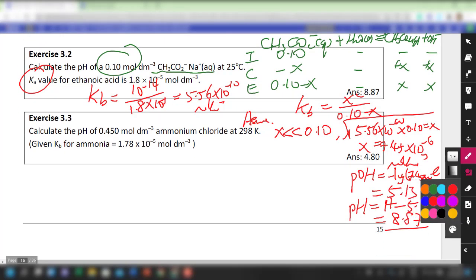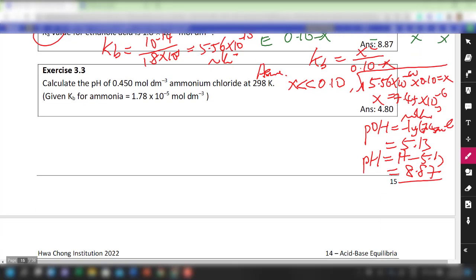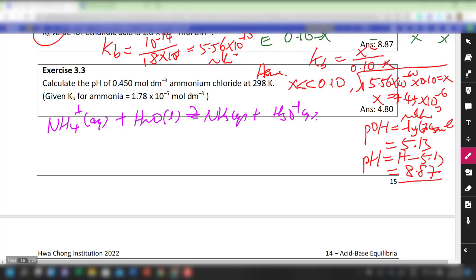So we are going to do the same thing for ammonium chloride. Chloride is the conjugate base of a strong acid, so it will not undergo substantial hydrolysis. So ammonium will be the one which will undergo hydrolysis. I'm going to get ammonia plus H3O⁺ aqueous.